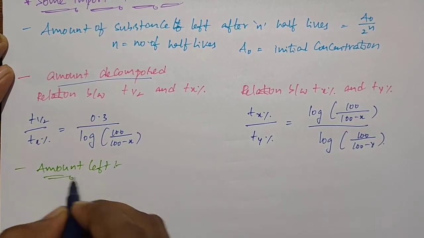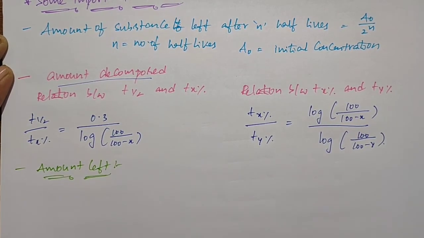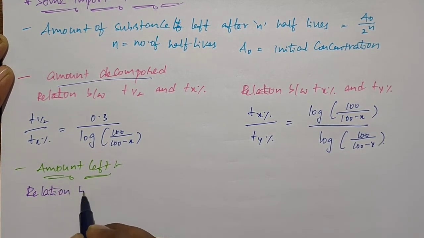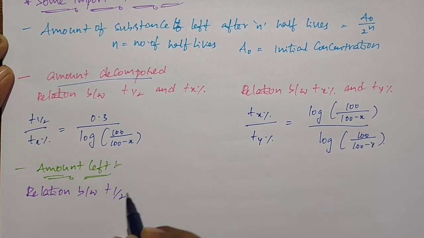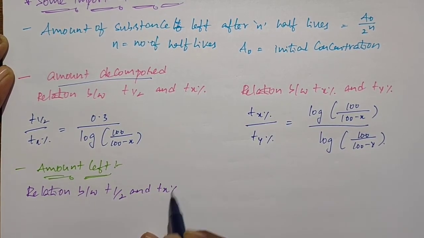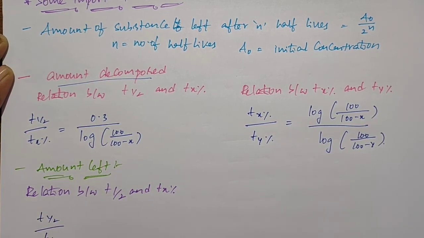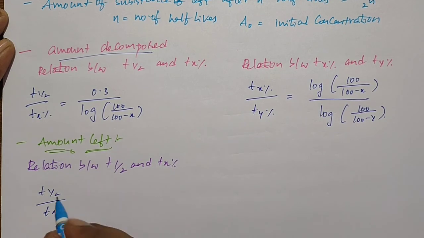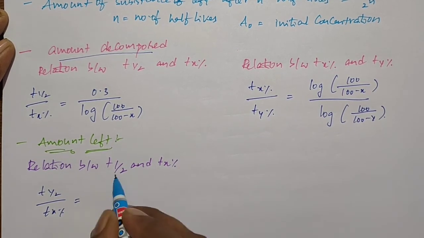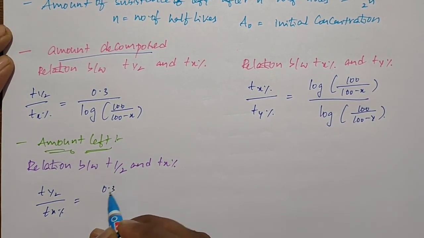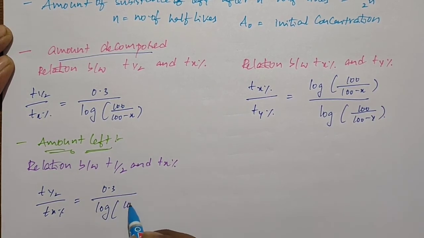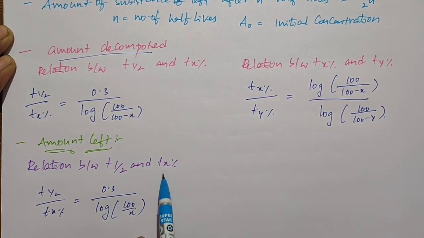If they ask about amount left, then the relation between T half and Tx percentage is T half by Tx percentage is equal to 0.3 by log of 100 by x. So this is the relevant formula when the relation between T half and Tx percentage for amount left is asked.